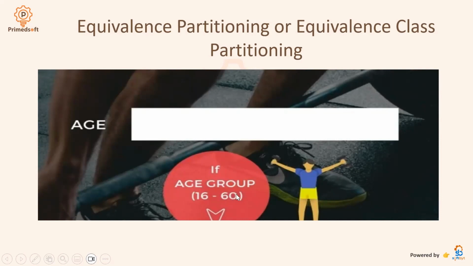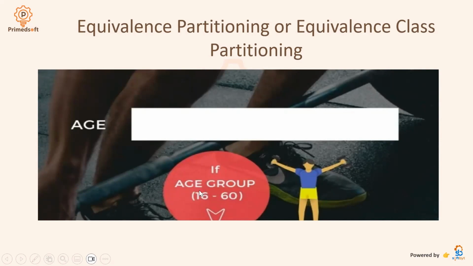Everything from 61 up to 200 or thereabout is invalid because they are not allowed to have access. And everything between age 0 and 15 shouldn't have access.